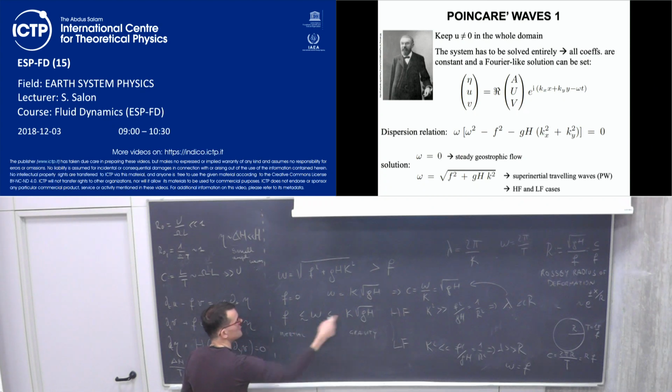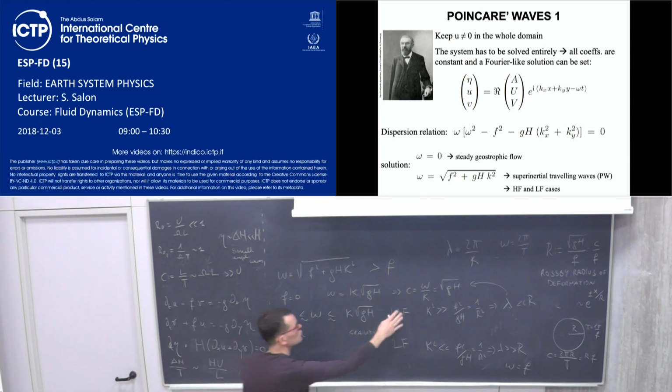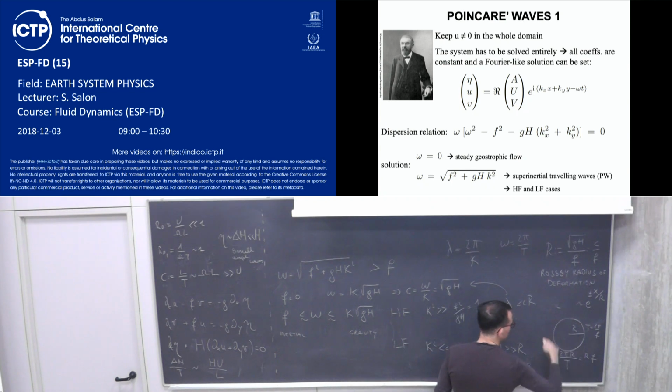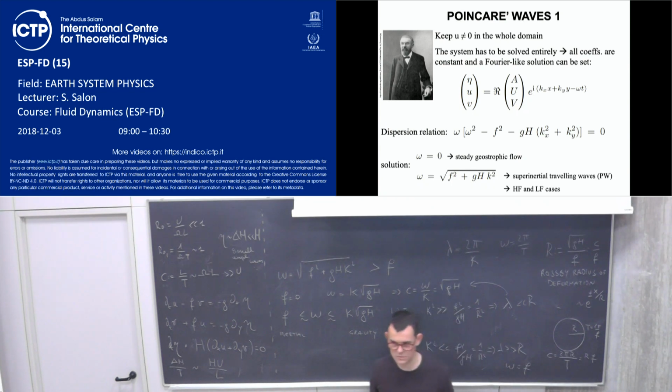So the expressions that we just found from the analysis of the dispersion relation actually correspond to the two extreme cases of high frequency and low frequency. So in this case, we are again in the solution of inertial oscillation, okay?